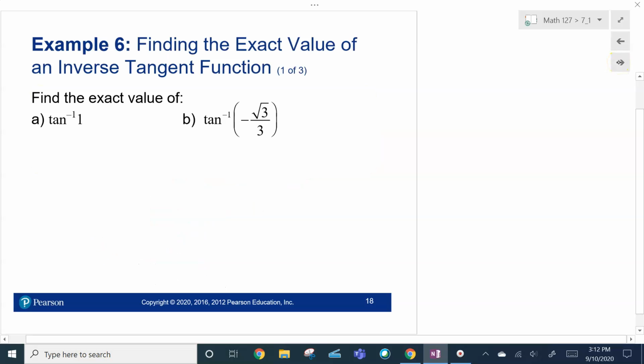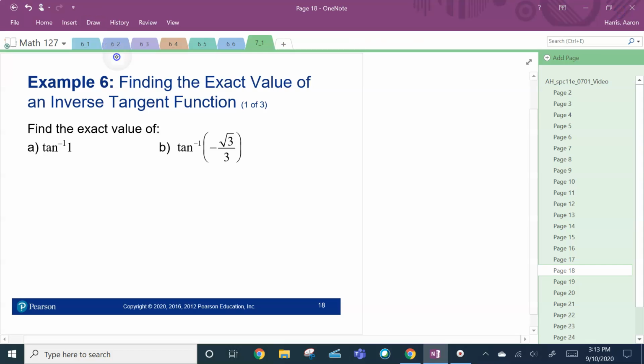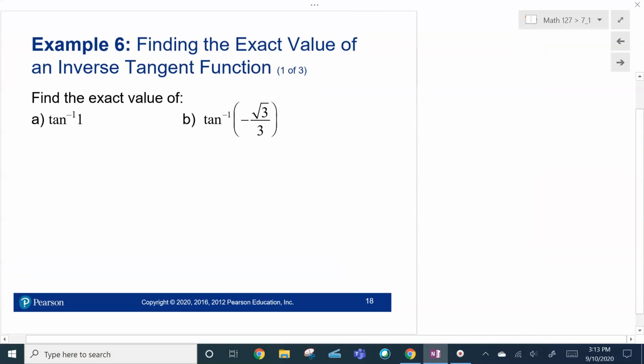All right, let's go ahead and find the exact value of, gotta love my blue here, the arctangent of 1. So we go ahead like those other ones, and we set it equal to theta. We say, well, if the arctangent of 1 equals theta, that means that tangent of theta is 1.